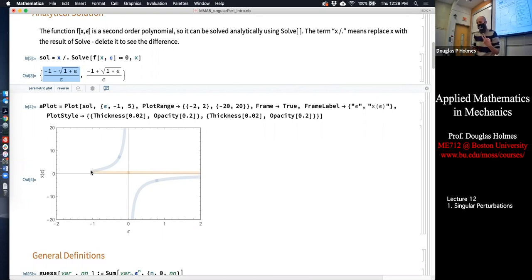One of them would have been a root at x naught is equal to -2, and the other one would have been a root at x naught is equal to 0. And I think, if I'm not mistaken, that basically one of those two roots is identical to the regular perturbation, and then the other one is the one we just found for the singular perturbation.